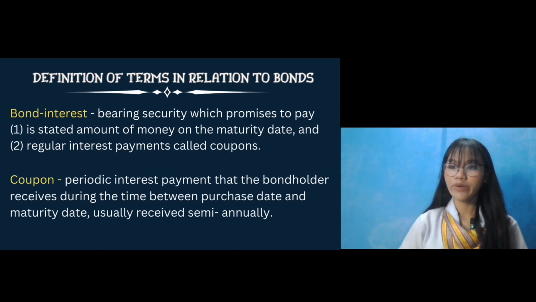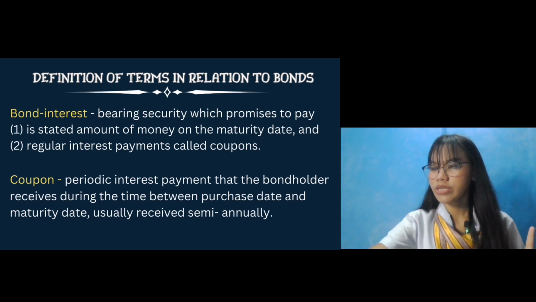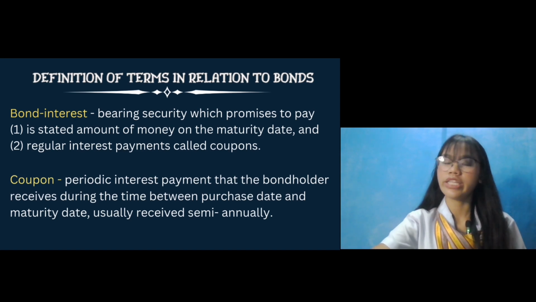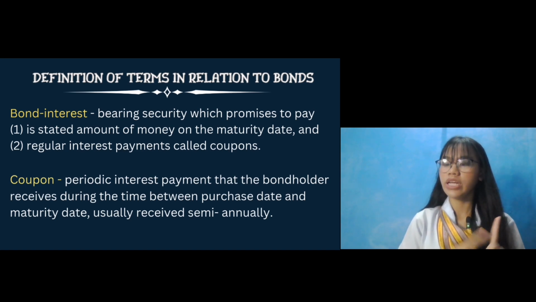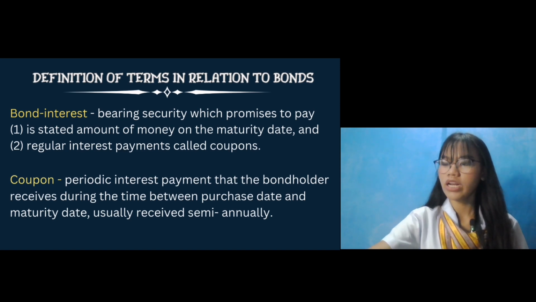We have two methods of how they will pay you. First, a stated amount of money on the maturity date. Second, a regular interest payment called coupons.